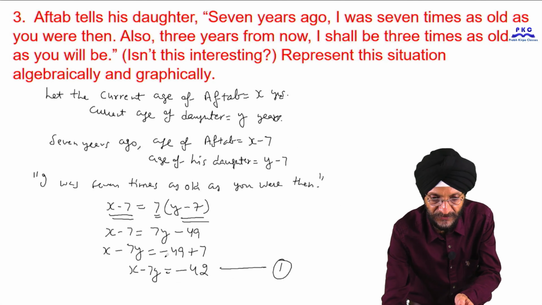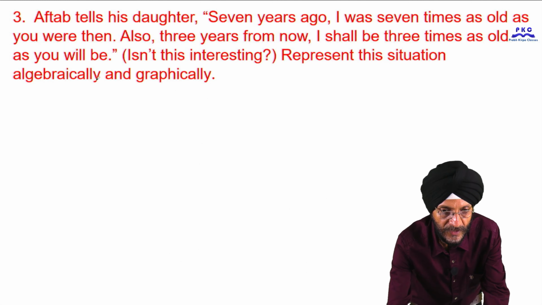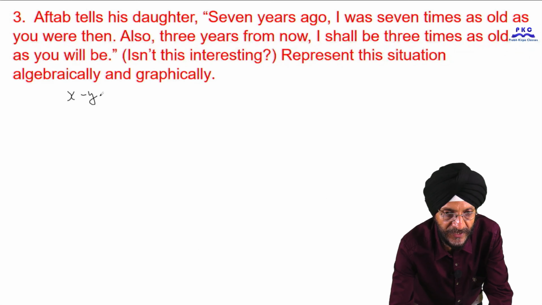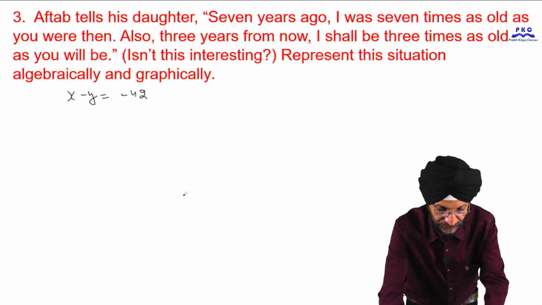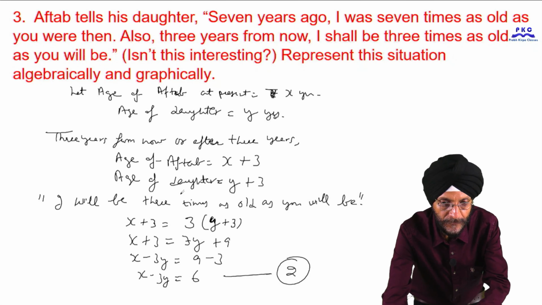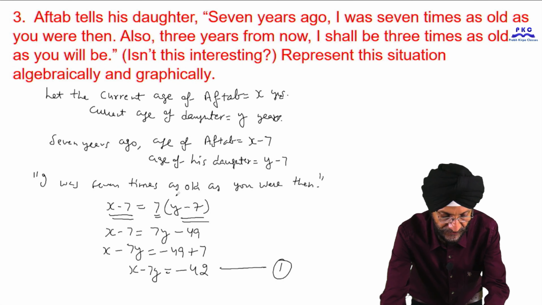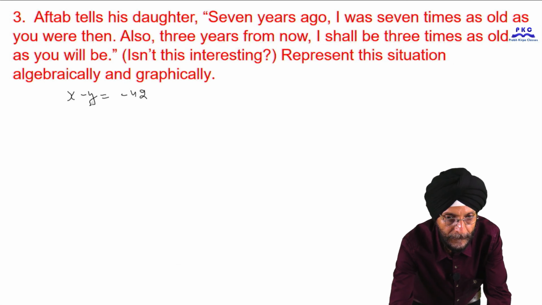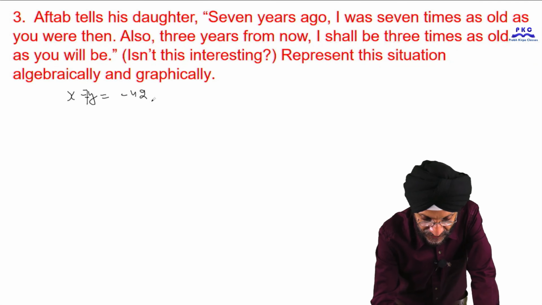It is x minus 7y is equal to minus 42. This is the first scenario.